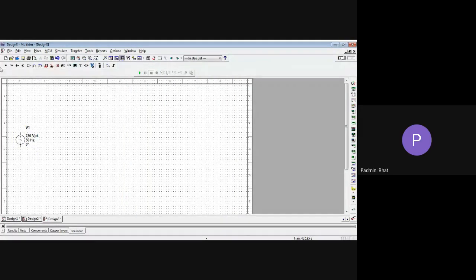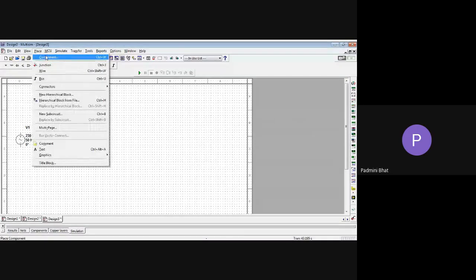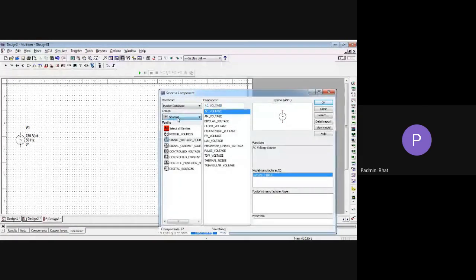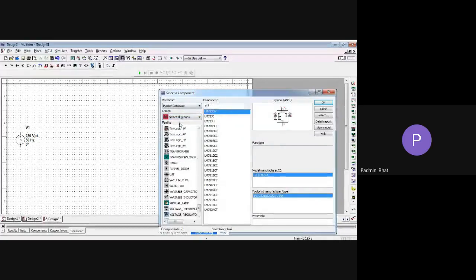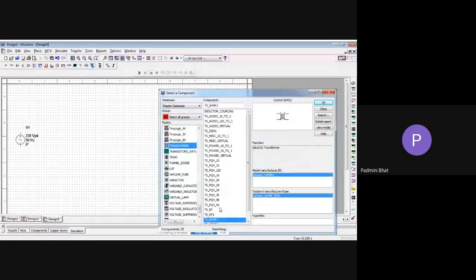Yeah. Now next we'll go for a transformer. For that again place, select all groups. And that transformer is there. In that, take the value TS_XFMR1. Okay, take that transformer. If you want, you can note it down.